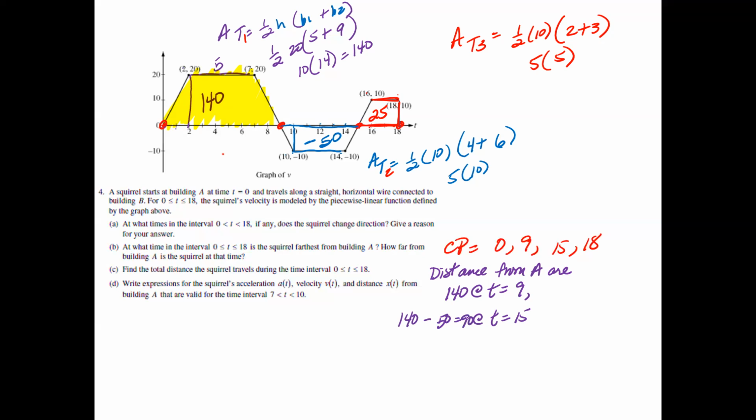So that's 90 at t equals 15. And then at t equals 18, it's going to be 140 minus 50 plus 25, which is going to give you 115 at t equals 18. And when it is t equals 0, the area is 0.